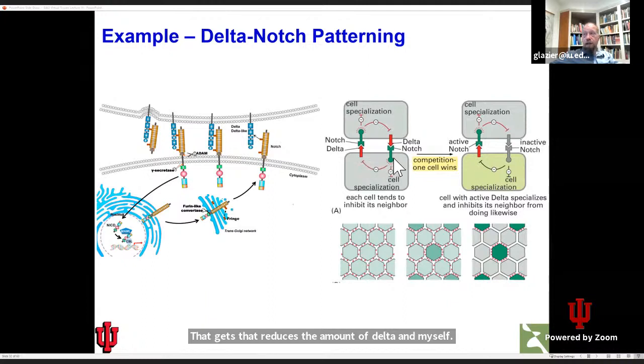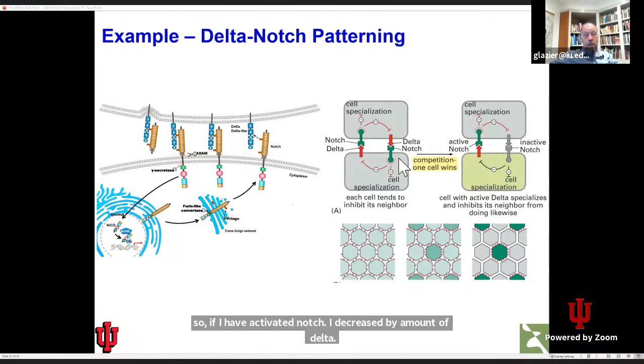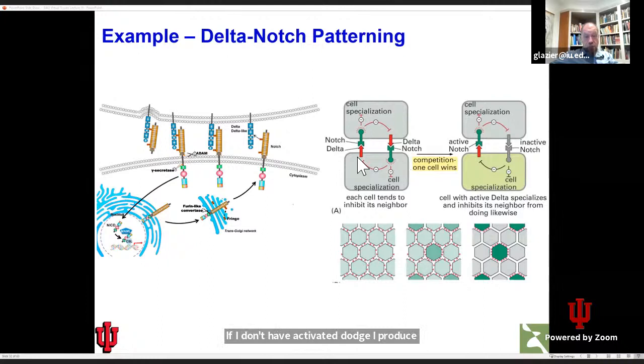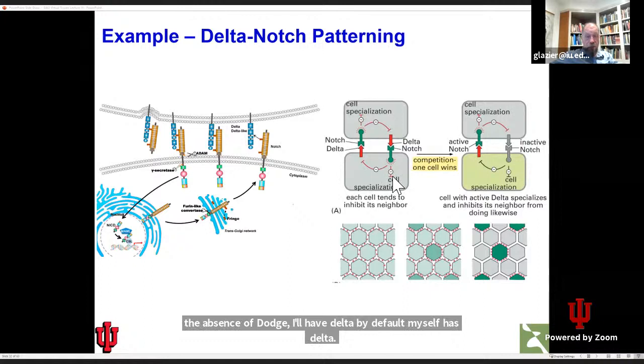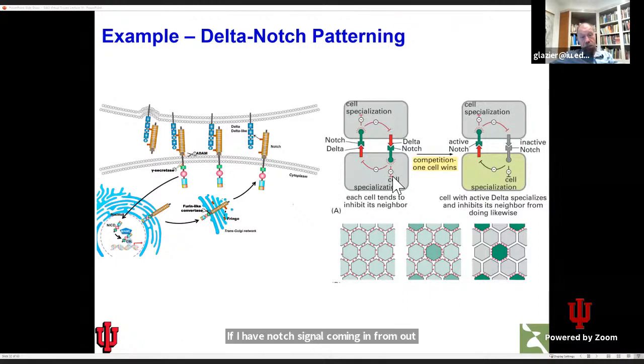If I don't have activated notch, I produce delta, and the delta level comes up and saturates. So in the absence of notch, I'll have delta. By default, my cell has delta. If I have notch signal coming in from outside, I turn off my delta signal.